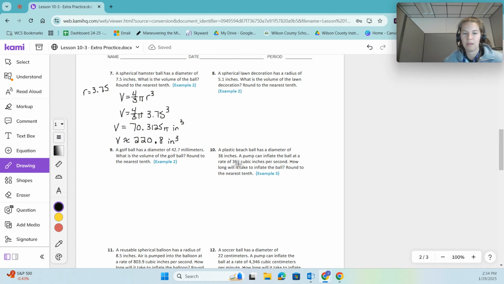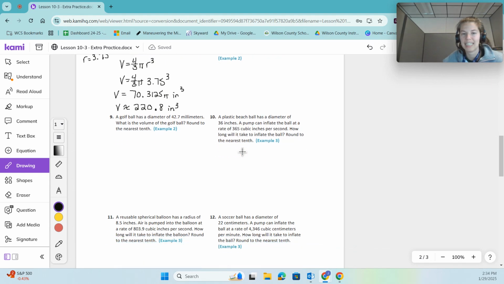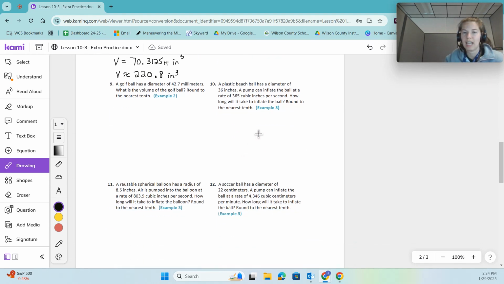Let's take a look at number 10 here. A plastic beach ball has a diameter of 36. A pump can inflate the ball at a rate of 365 cubic inches per second. How long will it take to inflate the ball? So I need to find the volume first. Volume equals 4/3 pi times radius cubed.